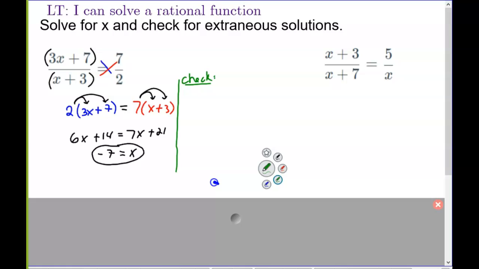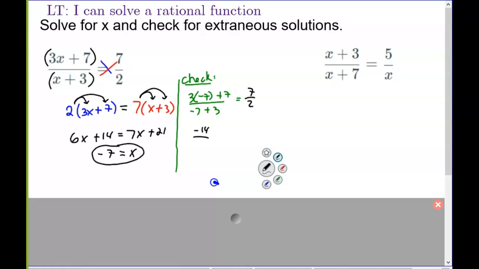And again, you could do the check in your head, you can do your checking on your calculator. Officially, we're going to plug negative 7 back into every single spot there's an x and see if it equals 7 halves. So I would do this part in my head. I get negative 21 plus 7 is negative 14.